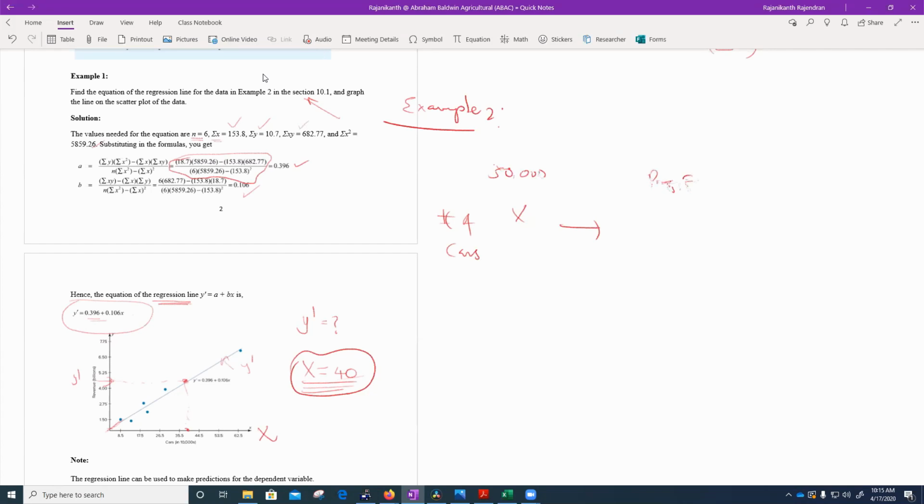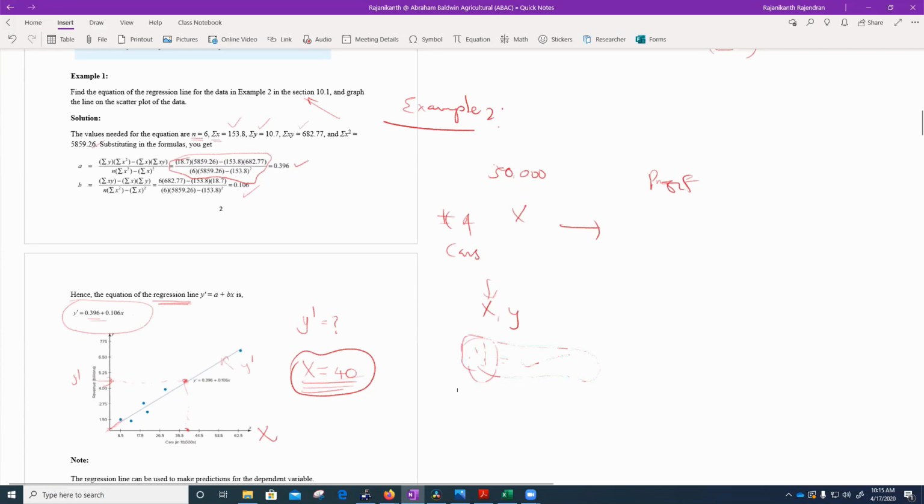Since you have the present or past data values, use those past values of x and y. What is x here? The number of cars we had in the past, and you find the corresponding profit for that year. Then use those past data values to find the y prime formula. Once you have the y prime formula, we use it to predict values for the future. So that is the idea.